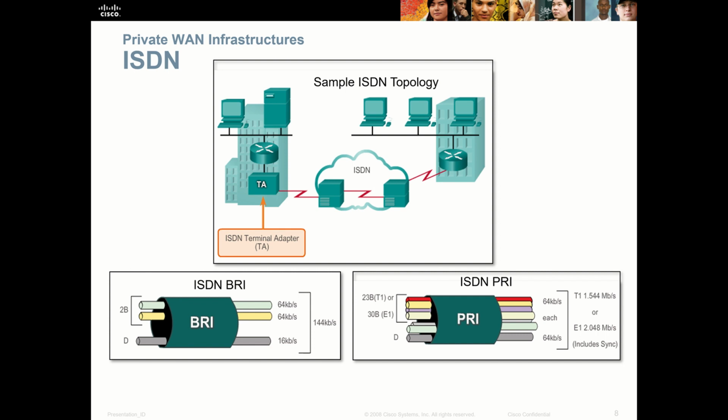What is the difference between these two technologies? Let us look at the number of channels. BRI is usually used for smaller enterprises, and PRI is usually used for medium and large companies. But sometimes a smaller company will also use PRI because you can make more simultaneous calls, because remember ISDN is for voice.